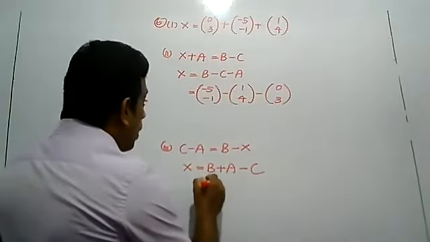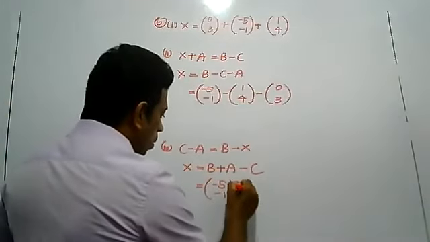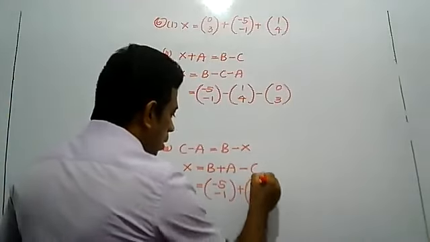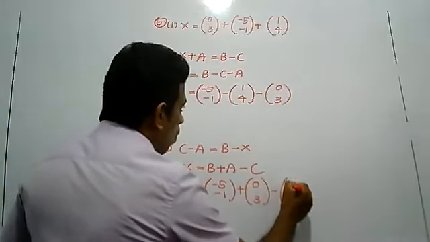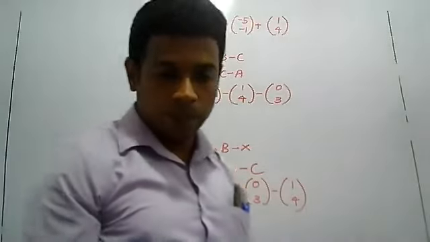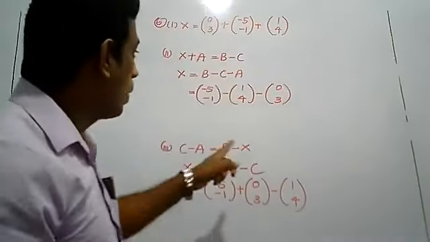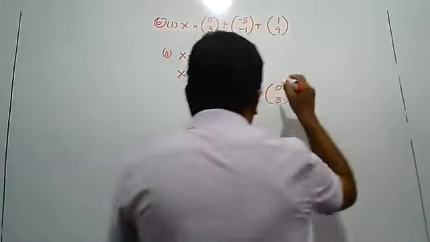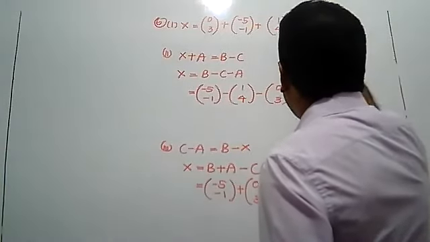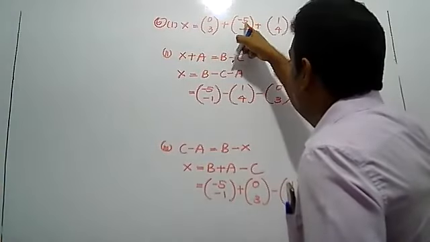So matrix B -5 -1, matrix A 0 3, matrix C 1 4. Now we will simplify this. The next one we can do, therefore we will complete this one quickly. So here matrices A, B, C, when you add, answer: 0 plus minus 5 is minus 5.